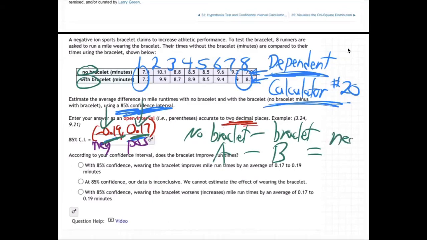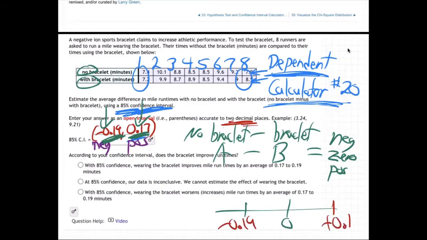So it could be negative, it could be 0, it could be positive. We just know the answer came out somewhere between negative 0.19 and 0.17, like on a number line. Here's 0, here's negative 0.19, here's positive 0.17. They're just saying the answer came out somewhere in that interval. So the answer could be negative, it could be 0, or it could be positive.